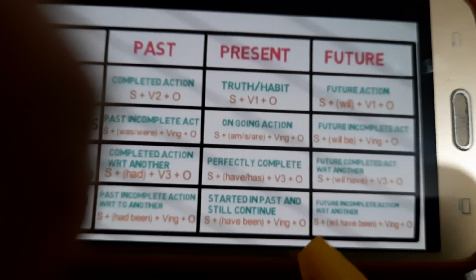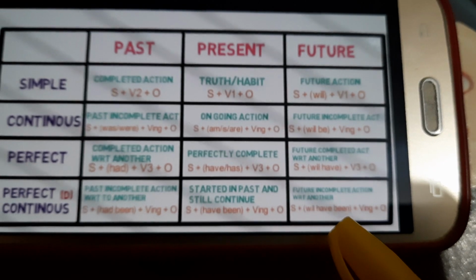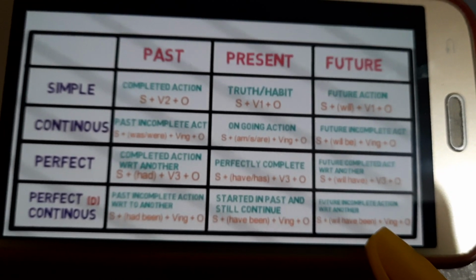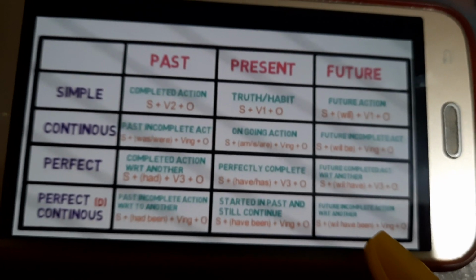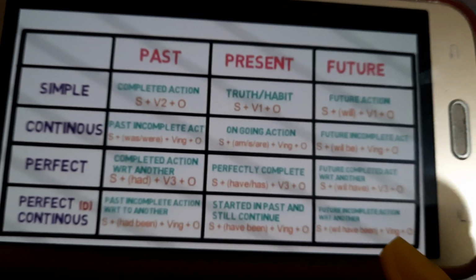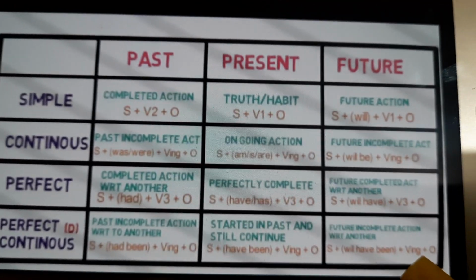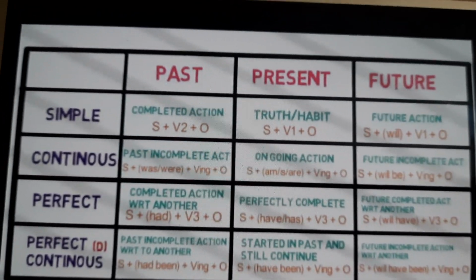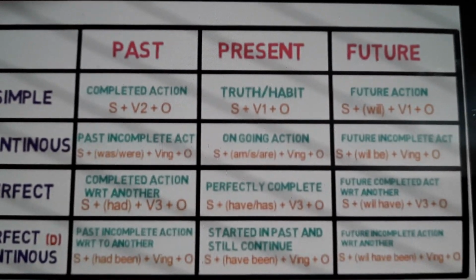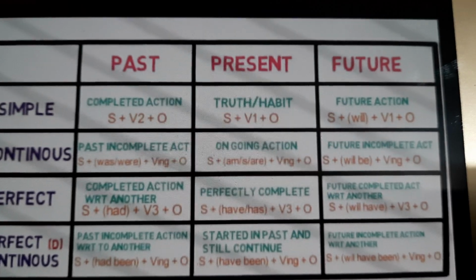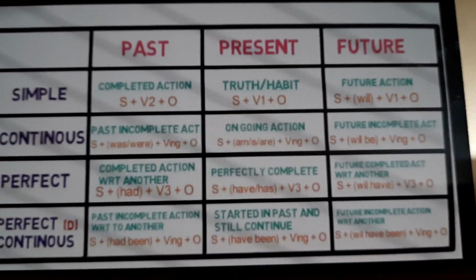The form over here is subject plus will have been plus verb with ing plus object. For example, he will have been reading about the accident in the newspaper next morning.